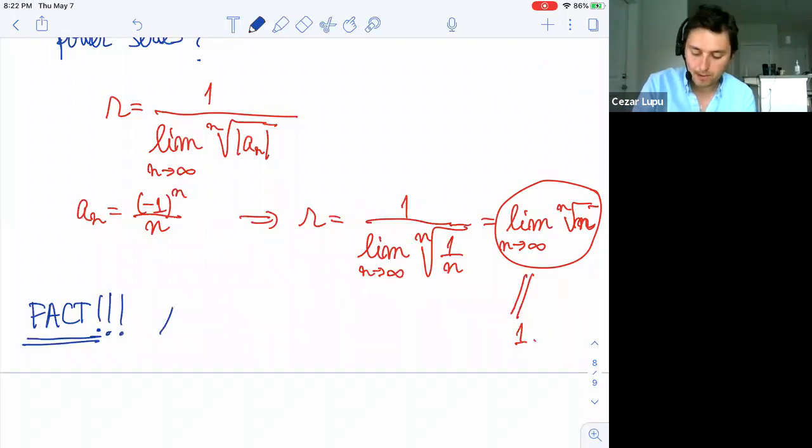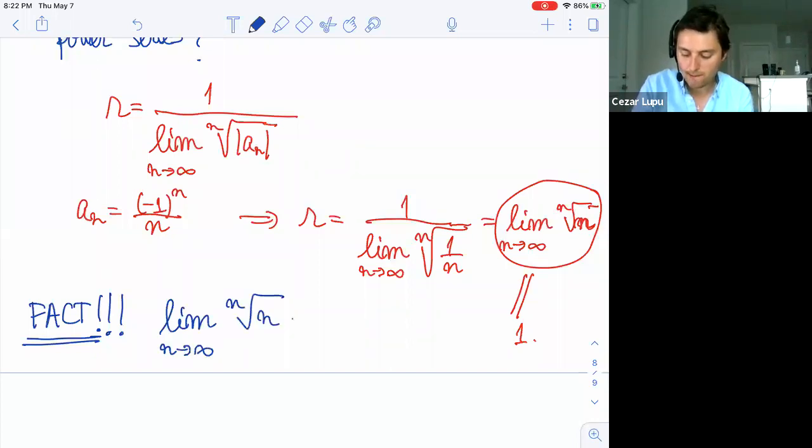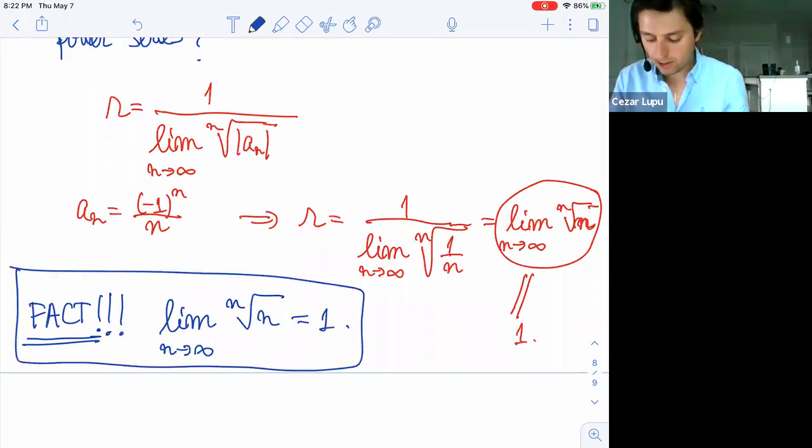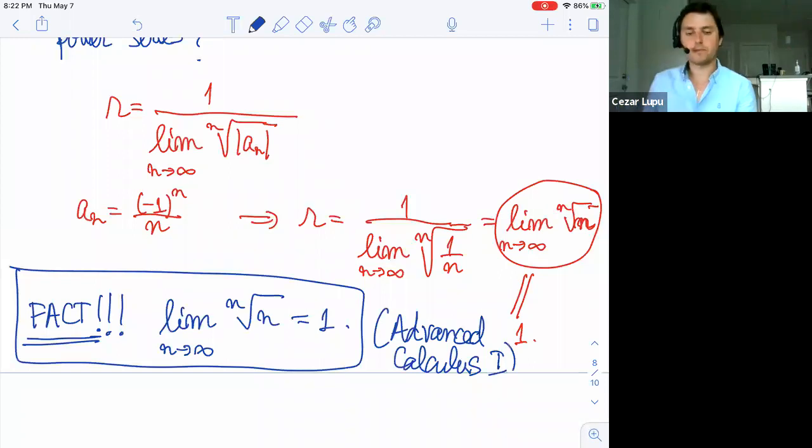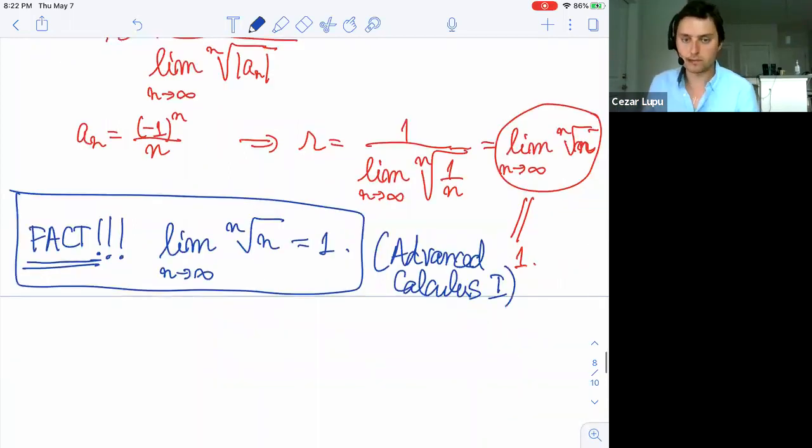This is another approach, but you have to know that the limit of the n-th root of n is 1. This goes back to advanced calculus 1, that you're supposed to know.